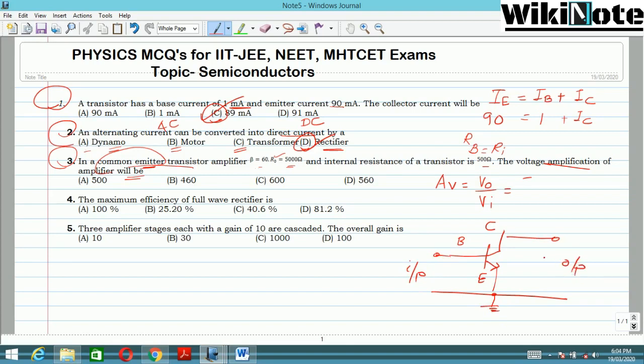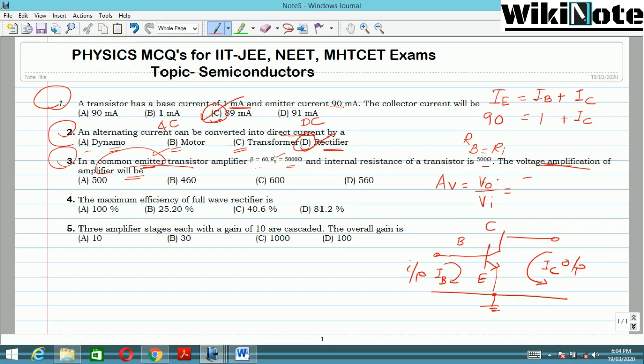This is my output side, where the IC current flows, and on the input side, the IB current flows. The voltage amplification factor means your voltage is getting amplified, which is only possible in common emitter configuration, and not in common base or common collector, where the amplification factors are just 1. We'll just focus on this.